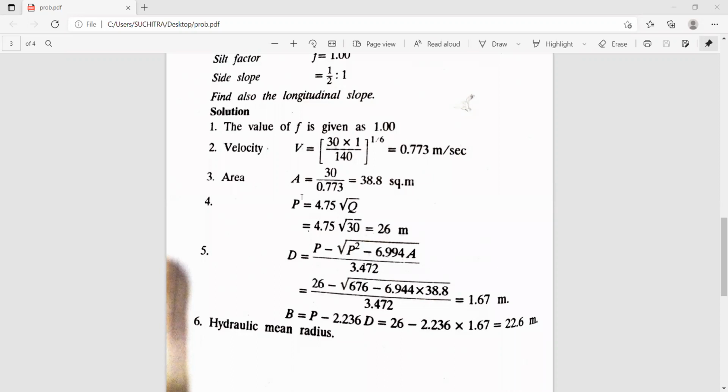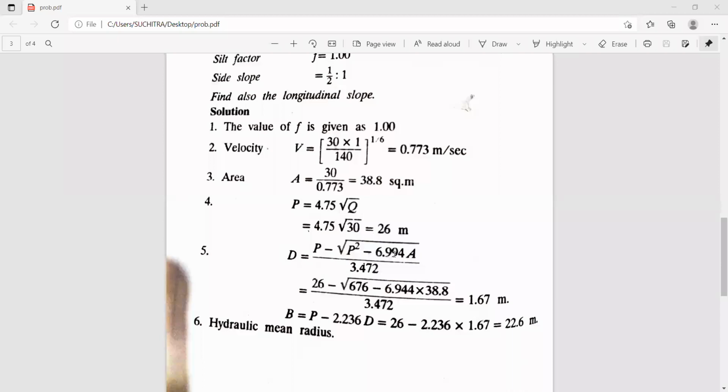Using the continuity equation, we will get the area as 38.8 square meter. Once you find the area, you can find the perimeter of the channel by using the equation 4.75 root Q. Here Q is 30, thereby you'll get the value of perimeter. Once you know the value of perimeter and area, you can find the depth of flow required, that is given by the equation D is equal to P minus square root of P square minus 6.994 times A. Here, most of the time students forget this.